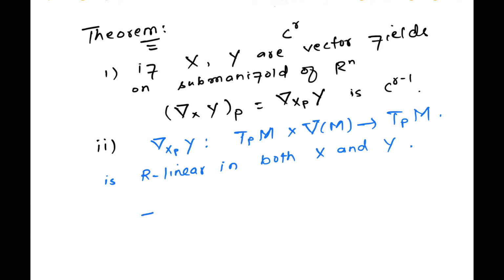It means that del (x1p plus x2p) y is actually del x1p y plus del x2p y.